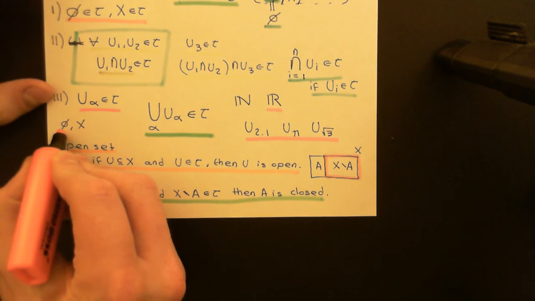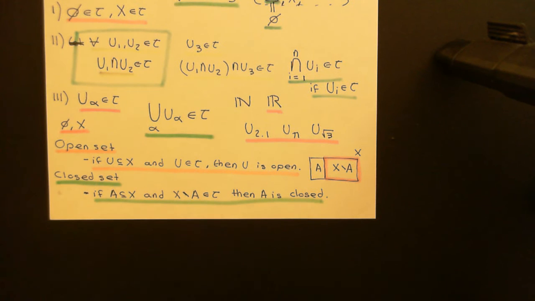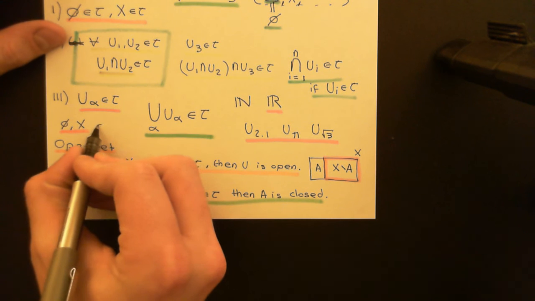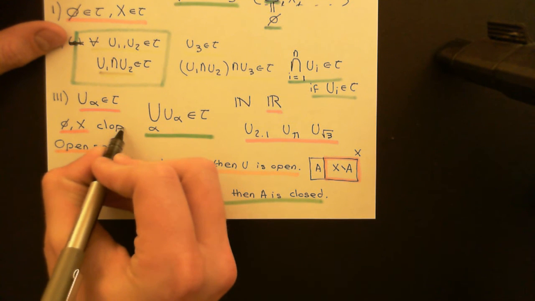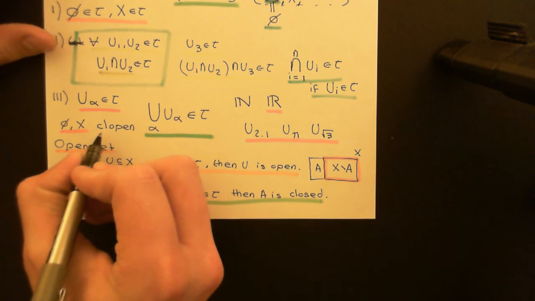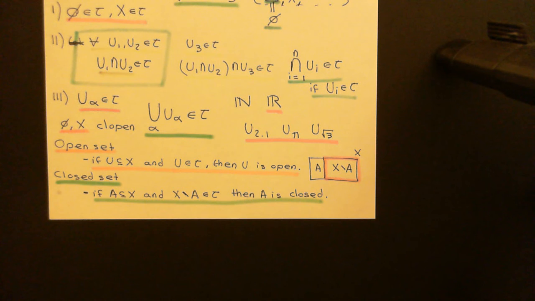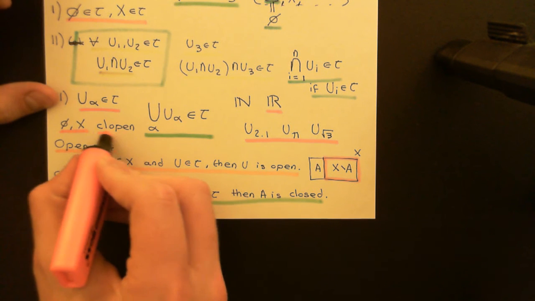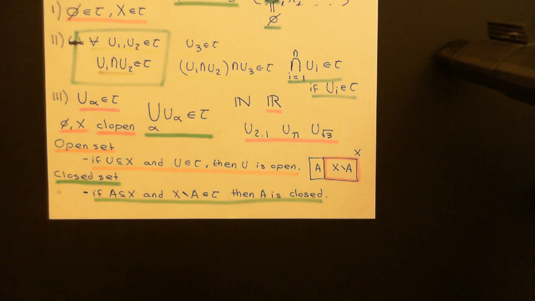So these two sets here are examples, convenient examples, of sets that are both open and closed, and some people will use the terminology clopen for these sets, so they'll call them a clopen set, sets that are both closed and open. Okay, so those are counterexamples to the misnotion that an open set cannot be closed.